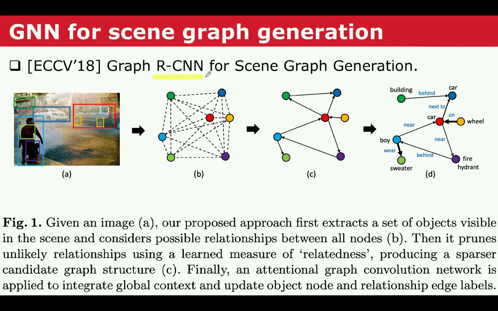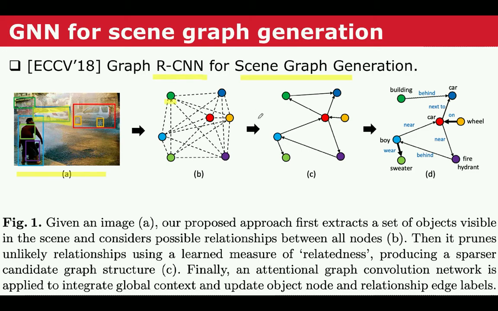Graph R-CNN is also proposed to generate scene graphs for images. Basically, we first extract sets of objects from an image by using some backbone model, and each extracted object is considered as a node.